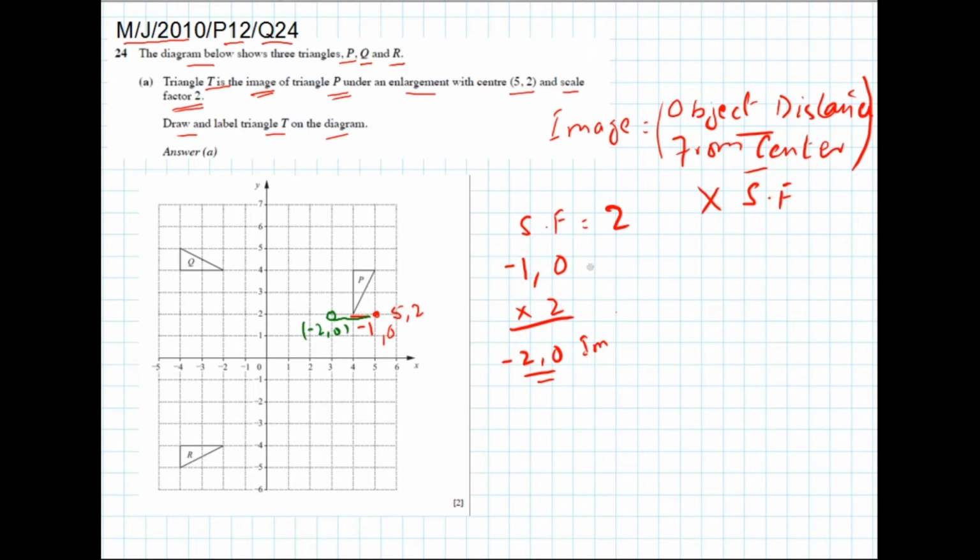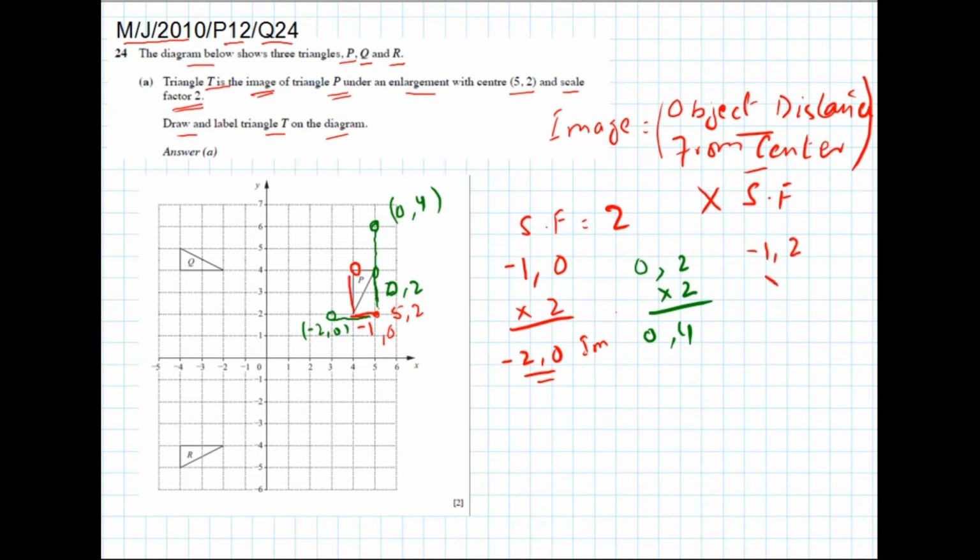Now the second set of object distance from center of enlargement is 5, 2 is equal to 0, 2. After multiplying with the scale factor, which is 2, we get the relevant image distance, which is 0, 4, plotted as shown. Now the third set of object distance from center of enlargement is 5, 2 is equal to -1, 2.